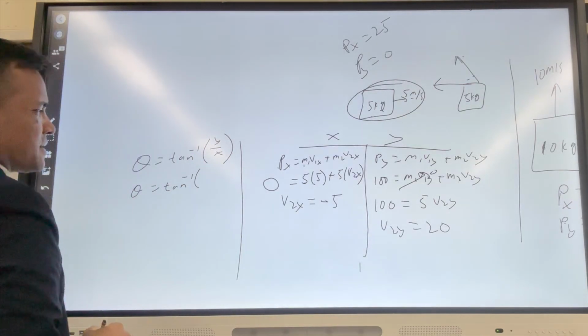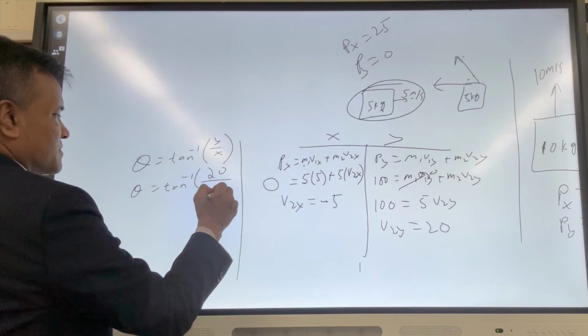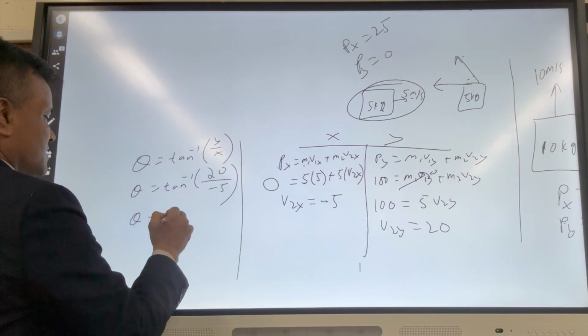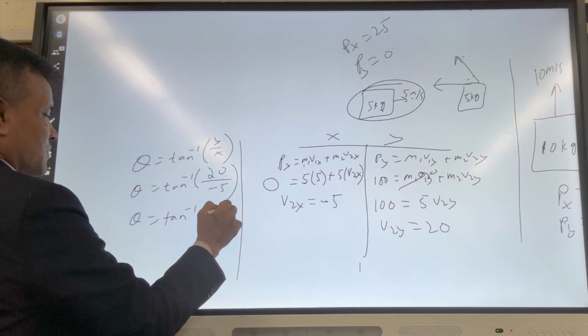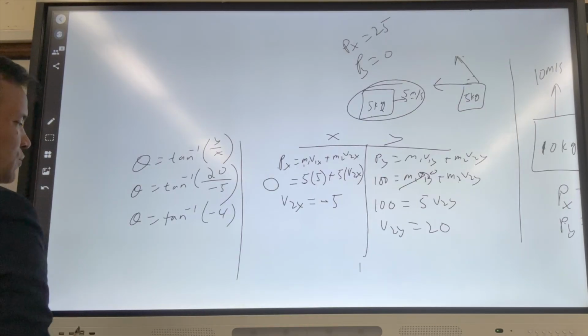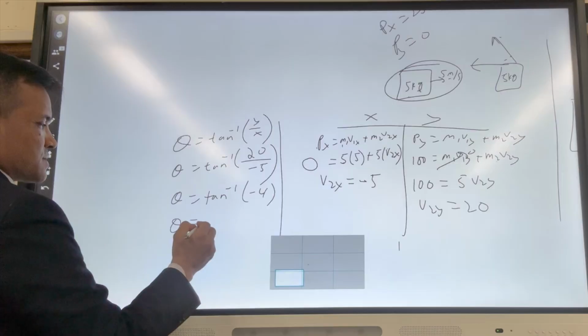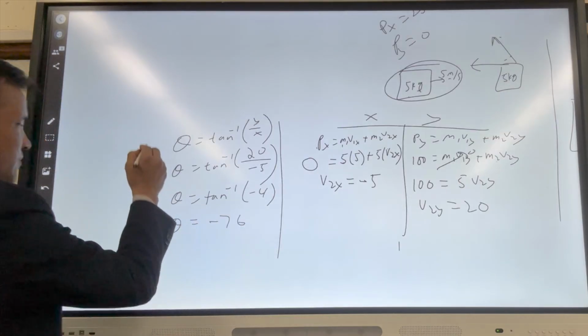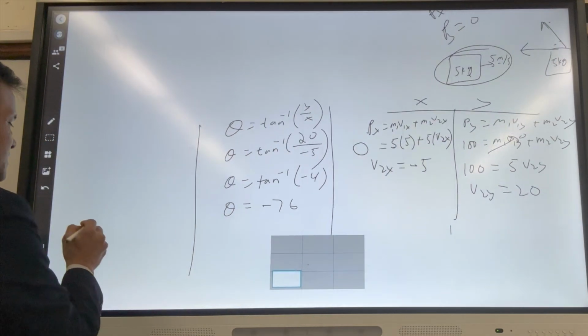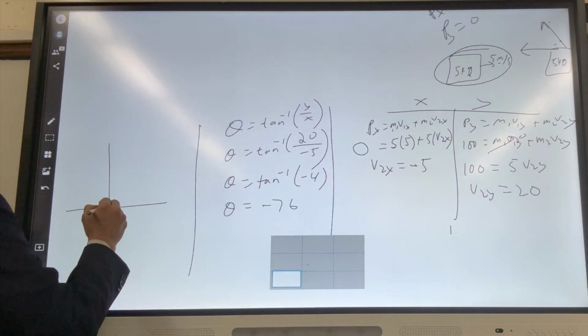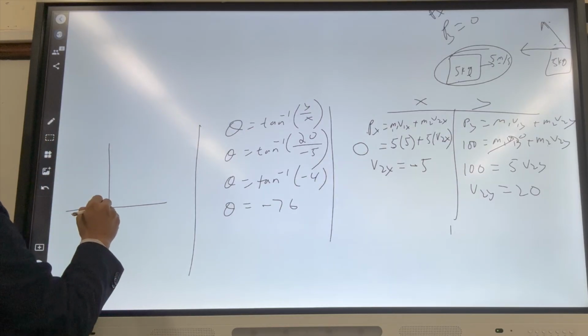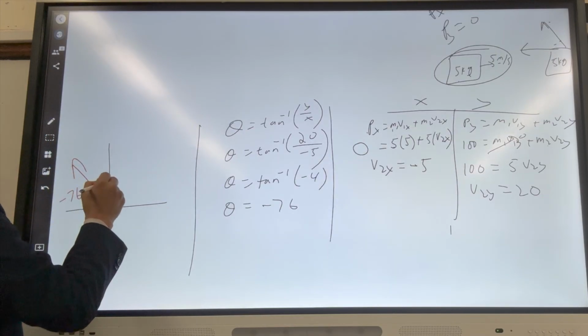Y is 20, x is -5. So theta is equal to -76. However, that's not the answer. If this one is -76, this one must be 104.